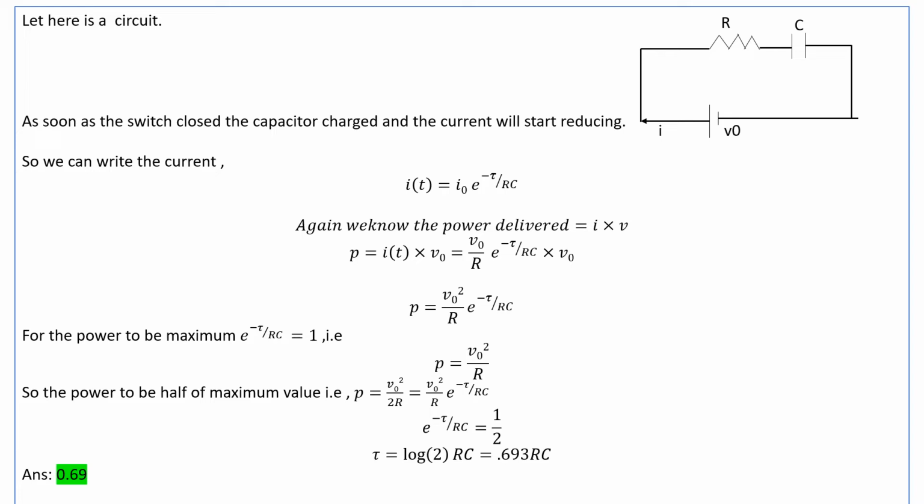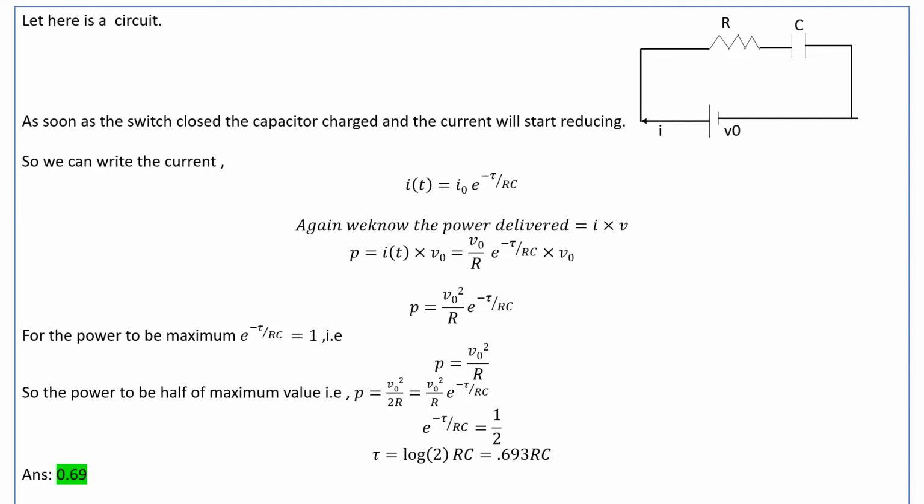into V naught, that is P equal to V naught square by R e to the power minus t by RC. So for the power to be maximum, we know that e to the power minus t by RC is equal to 1, that is P equal to V naught square by R. And here in the question it has been given that the power should be half of the maximum value, that is P equal to V naught square by 2R is equal to V naught square by R e to the power minus t by RC.